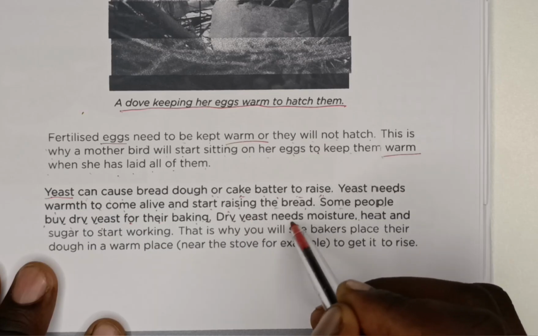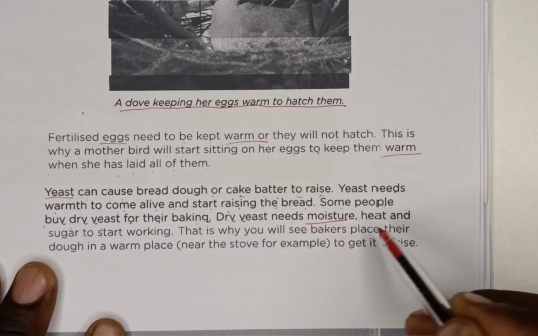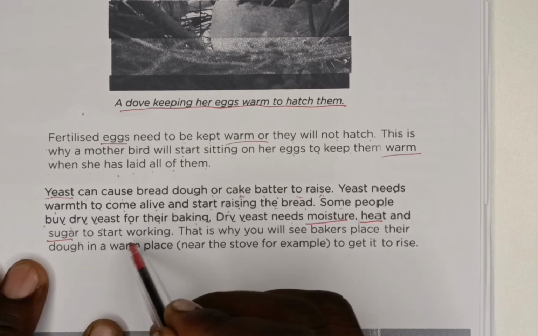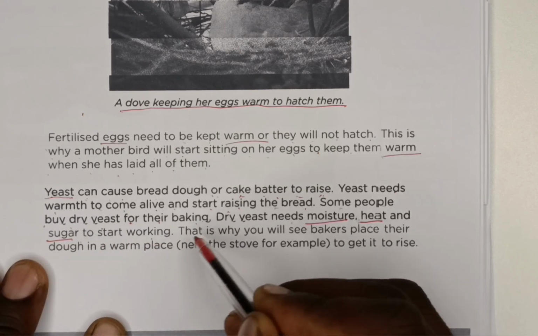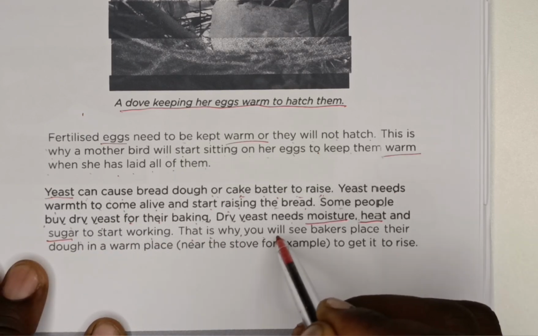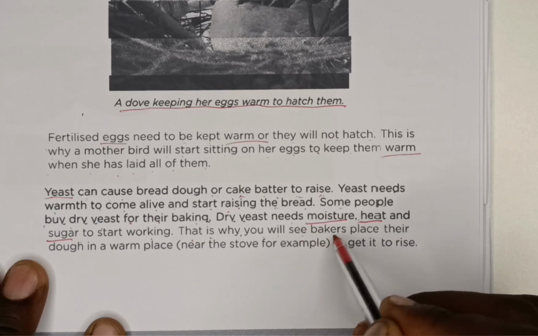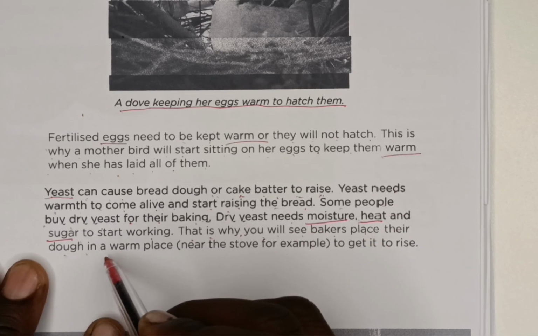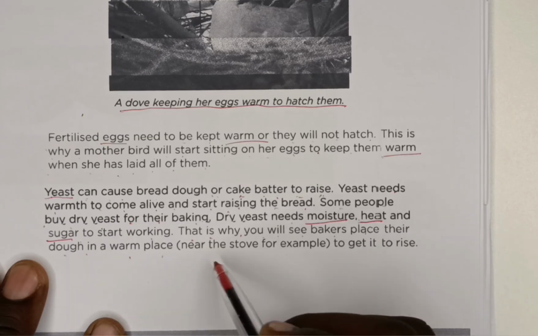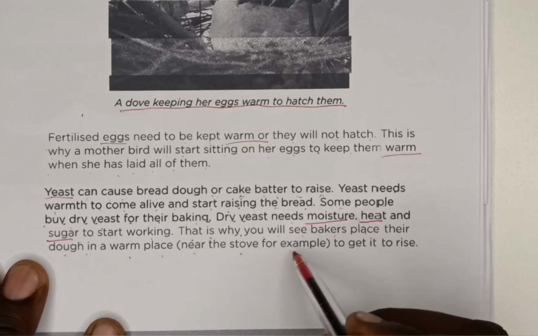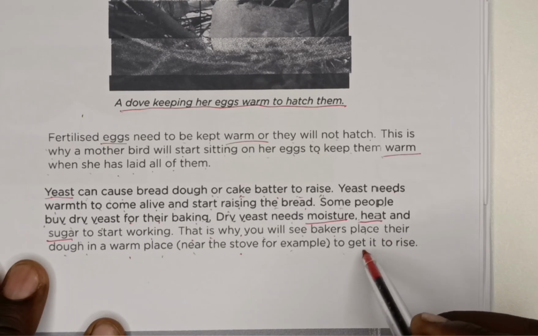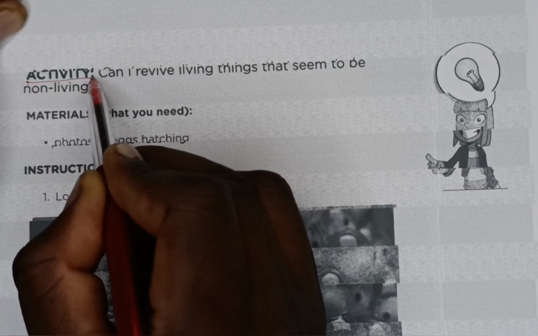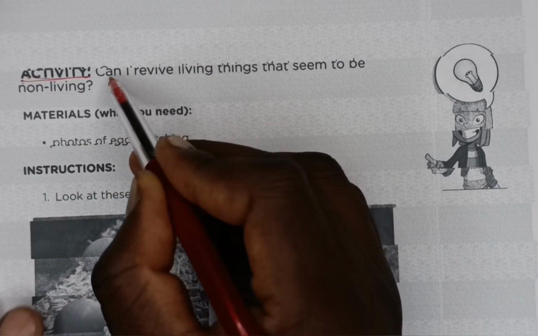Dry yeast needs moisture, heat, and sugar to start working. That is why you will see bakers place their dough in a warm place near the stove, for example, to get it to rise. Okay, let's do this activity.